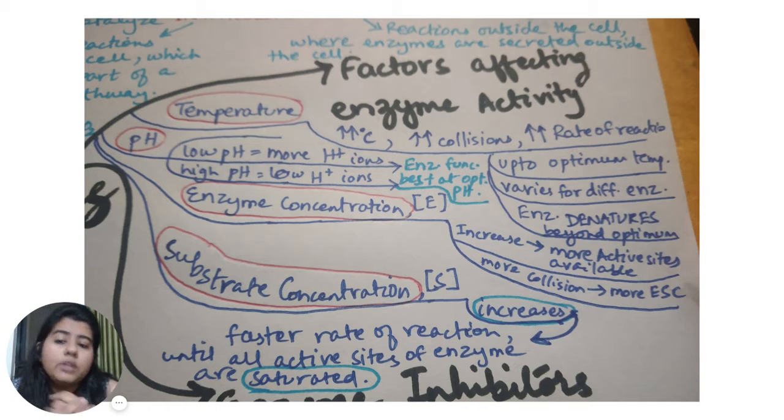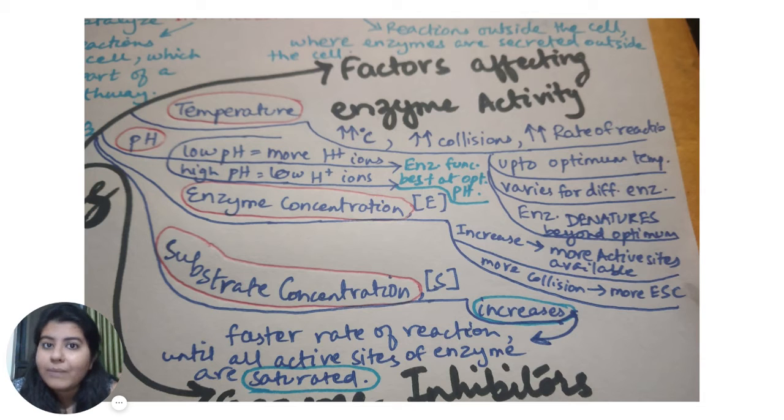Then the fourth factor is substrate concentration. If you keep on increasing the substrate concentration as the reaction proceeds, and keep the enzyme concentration fixed, definitely there will be a point when all the active sites of the enzyme will get saturated, or they will get busy helping the substrate form product.